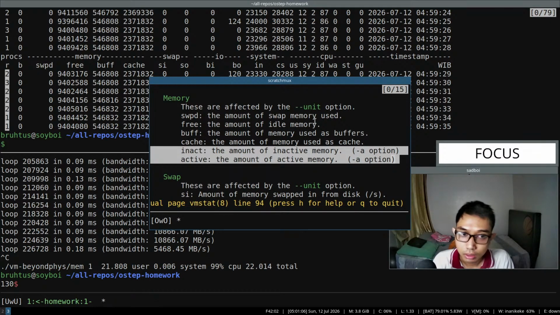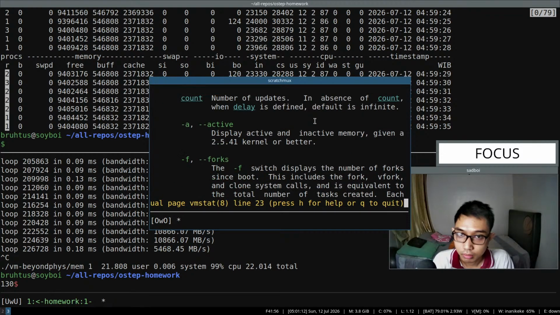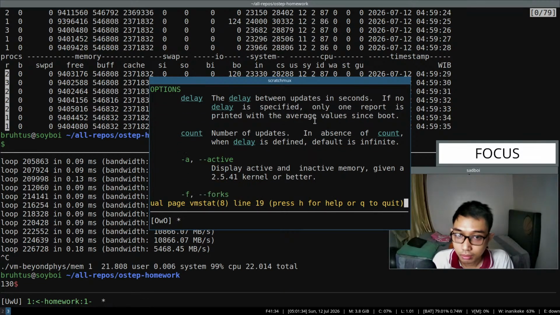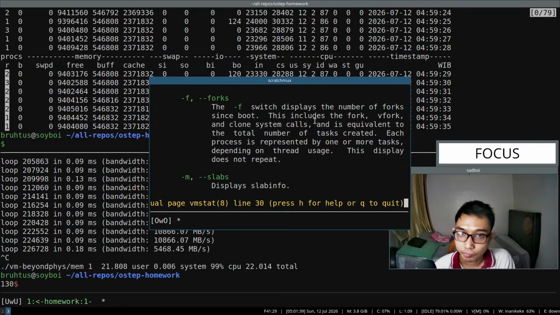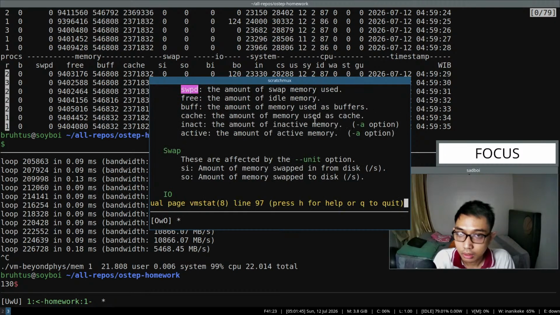Oh, should I use the -a option here? Let me check. But yeah, it is only, I assume, Linux kernel 2.5.41 version or later, maybe something like that. Display active and inactive memory. Well, let me try understanding this.